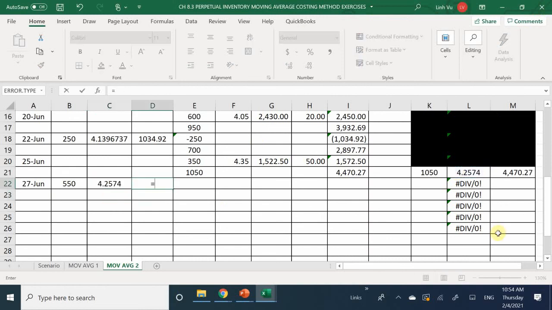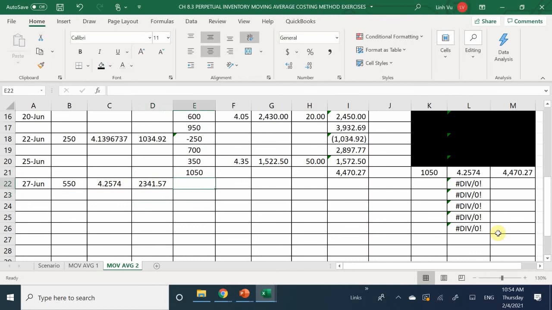So what is my total cost of goods sold here? 2341.57. Good. I'm going to eliminate that, so I should have a total of 500 units. And that means I did this correctly.